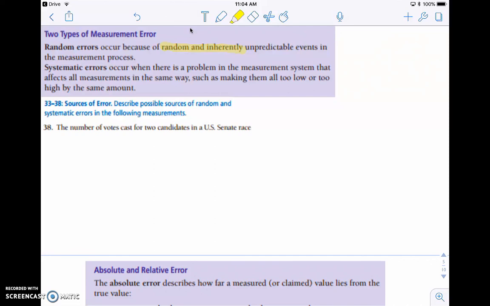Then next is what are called systematic errors, and these occur when there's a problem in your actual measurement system. And it affects every measurement in the same way, such as making them all too low or all too high by the same amount.